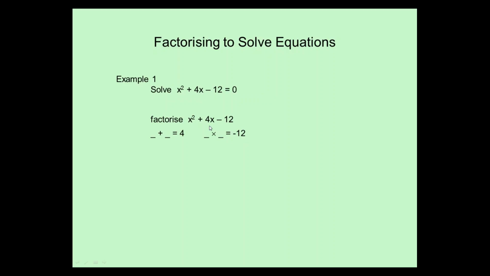They generally start with the multiplying and work their way down, going things that multiply to give 12, 3 and 4, that's not going to give me 4. 12 and 1, that's not going to give me 4. Oh, 6 and 2, that'll be right. Okay, and I need one of those to be negative. So I want a positive 4, so it's going to be 6 and minus 2. So that's the thought process that I go through very quickly in my head.